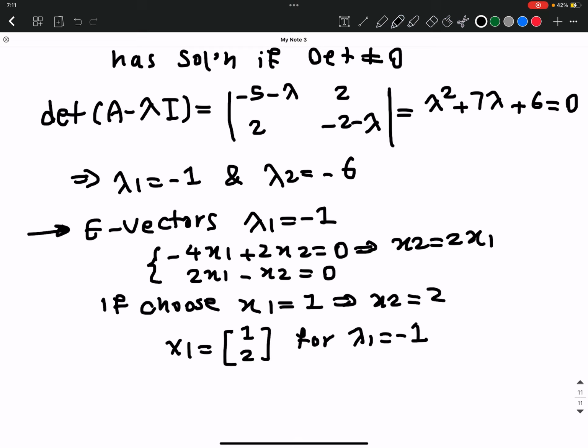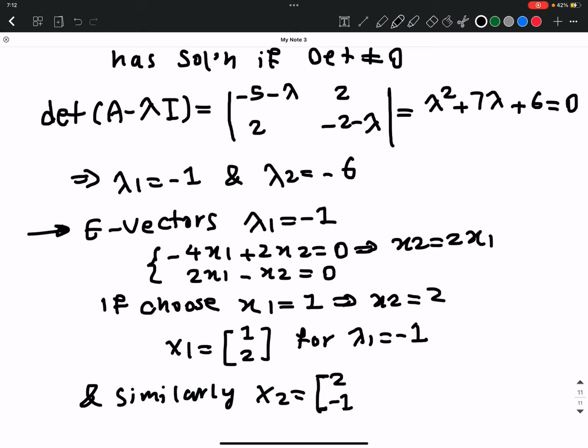Similarly, you can find it for lambda 2, and you will find the second eigenvector. The representative for that is (2, -1).